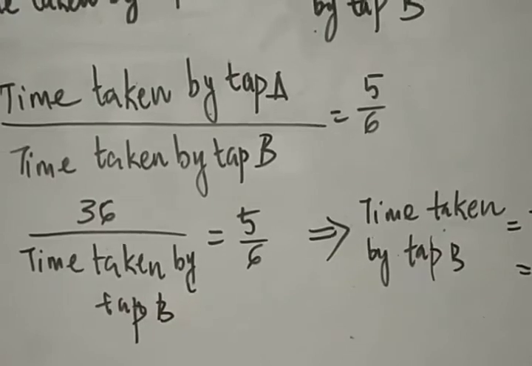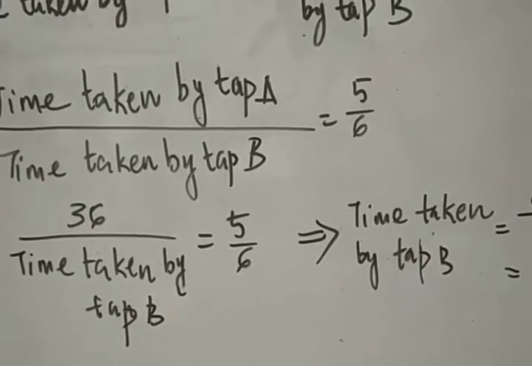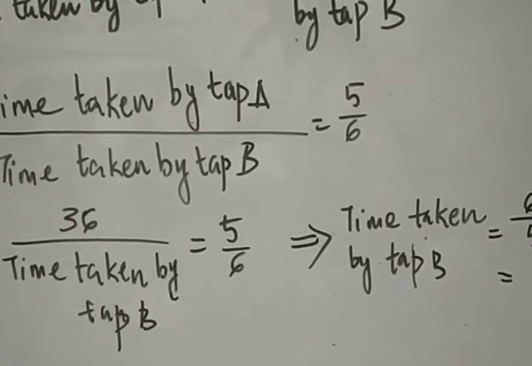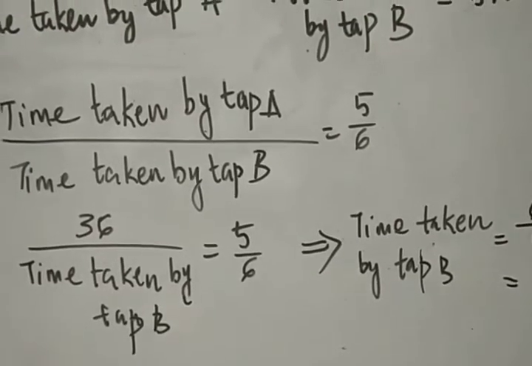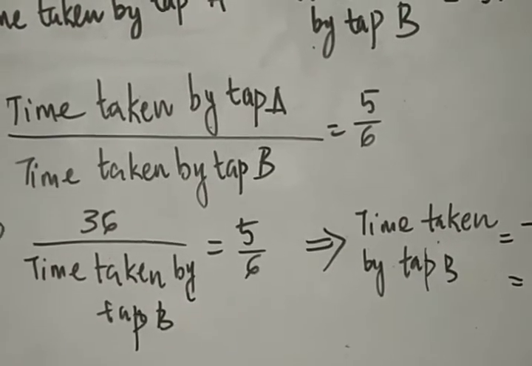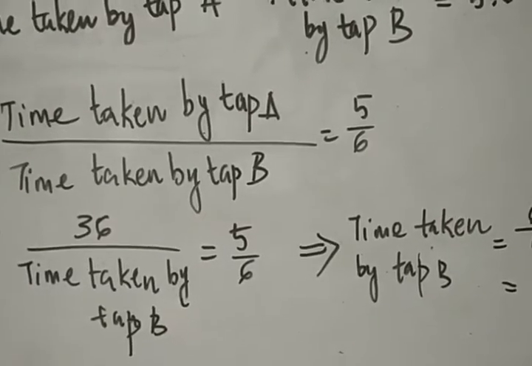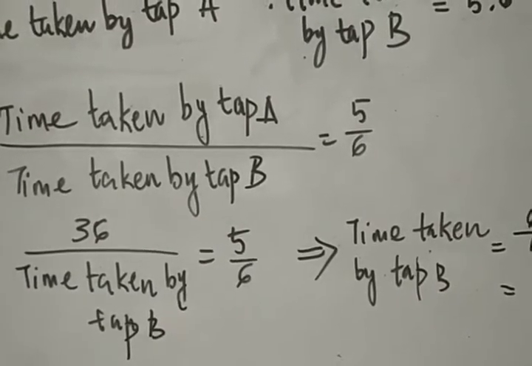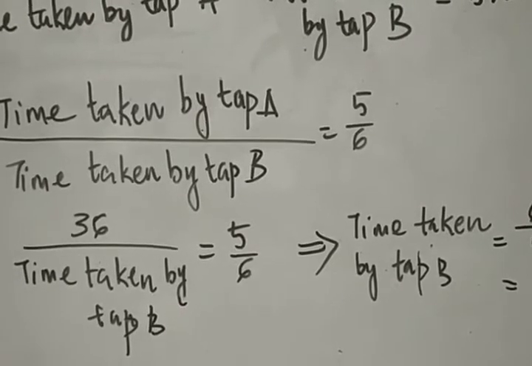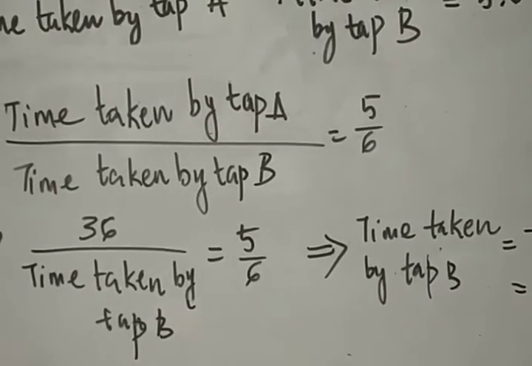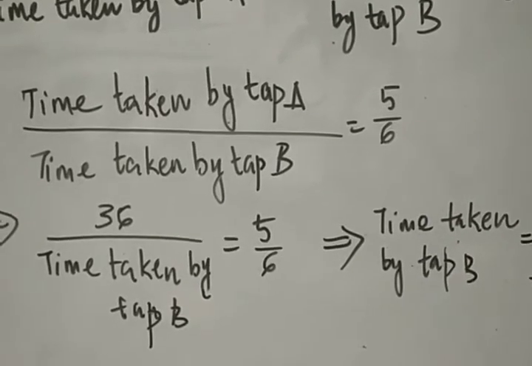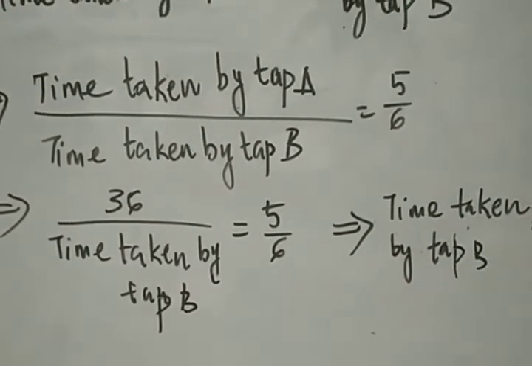So 5 in the right hand side is multiplied by 5. So when I take it to the other side, it will become divided by 5. And 6 is divided by, in the right hand side, 5 divided by 6. So 5 is being divided. So when I take 6 to the left hand side, it will become multiplied by 6.